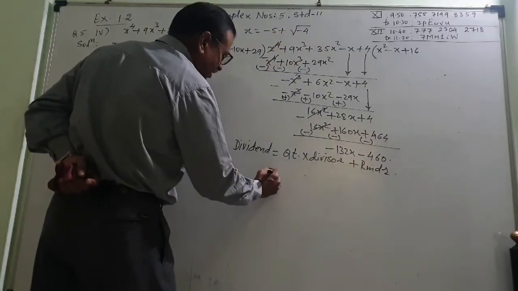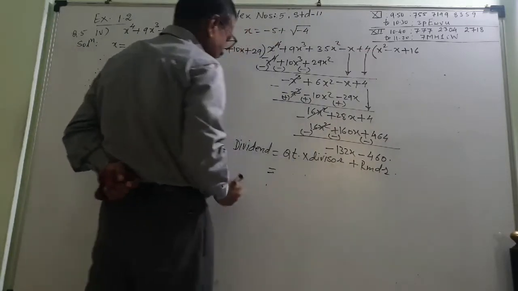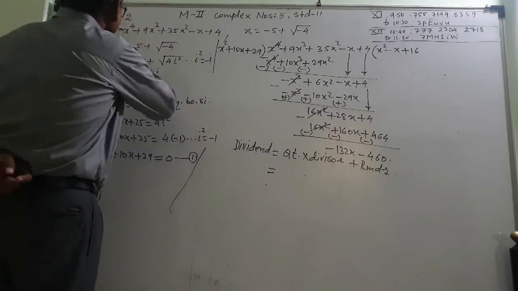So that is equal to, what is quotient? Quotient is this. Dividend is what? Dividend is this.